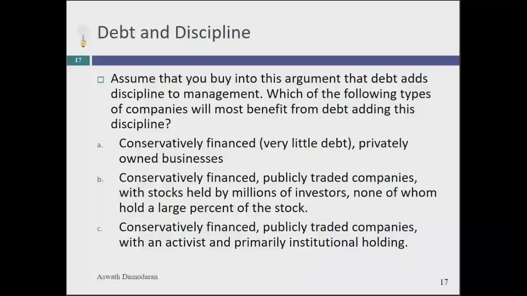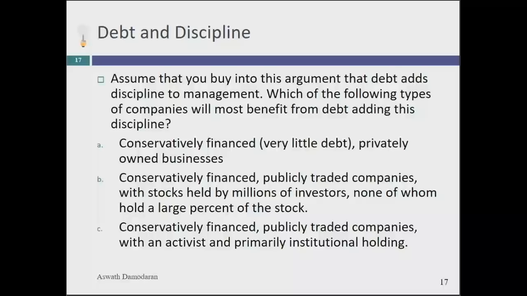The second company is a publicly traded company with millions of investors, none of whom own a big stake in the company. The third company is a publicly traded company with lots of investors, but a couple of them happen to be big activist investors. Which one of these 3 companies will benefit the most from borrowing money, purely from the perspective of discipline?